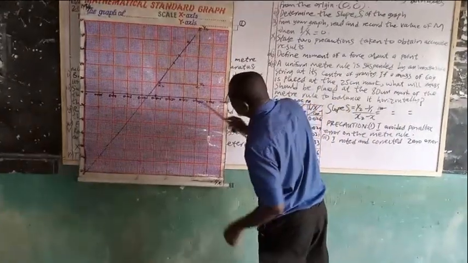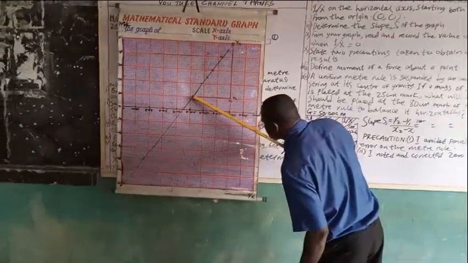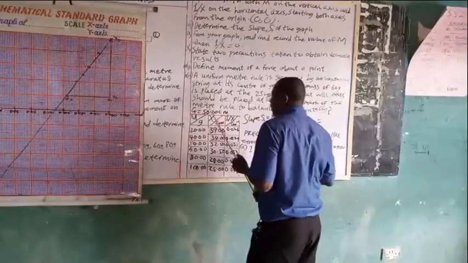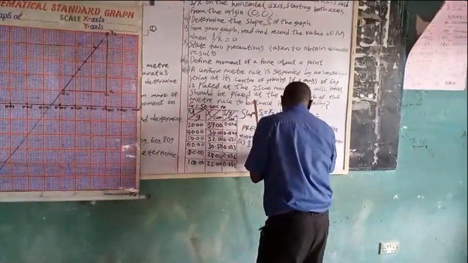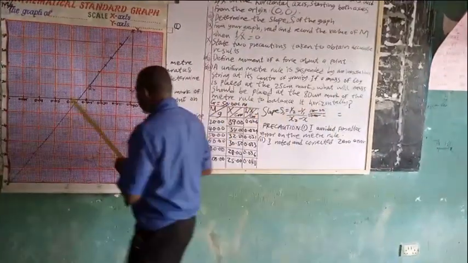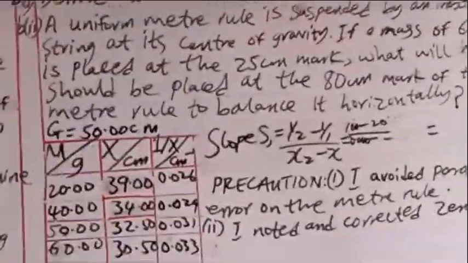Our y2 is 100. Our y1 is 20. Our x2 is 0.040. Our x1 is 0.026.